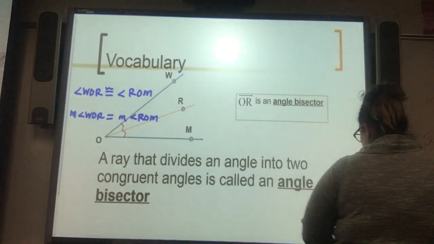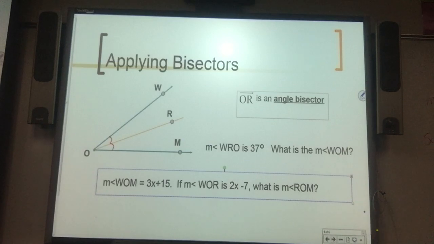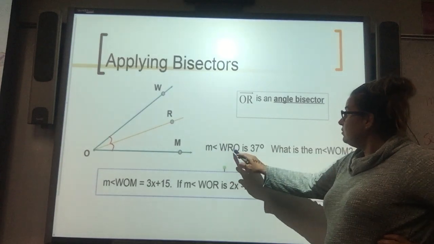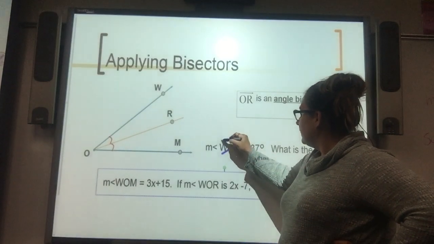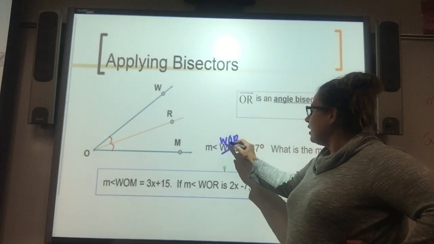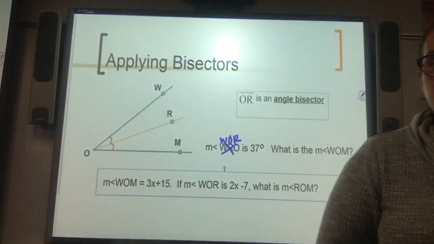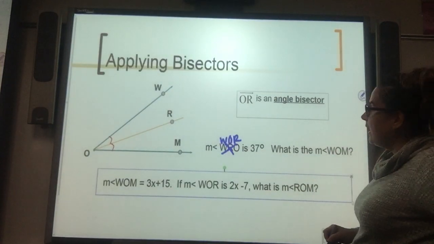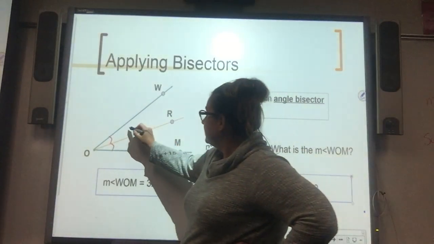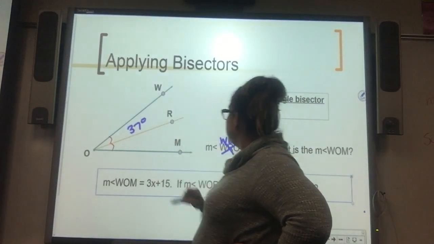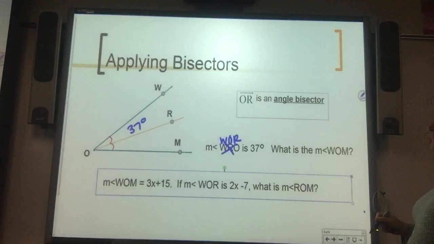Let's try one problem before we get you going. Okay, or two, I'm just kidding, two, I lied. So if the measurement of angle, I made a mistake. It's WOR, you always have to have your vertex in the middle. If the measurement of angle WOR is 37 degrees, what is the measurement of WOM?